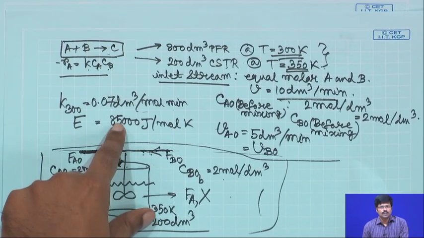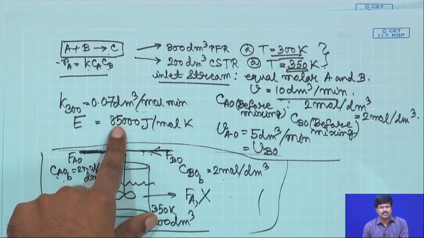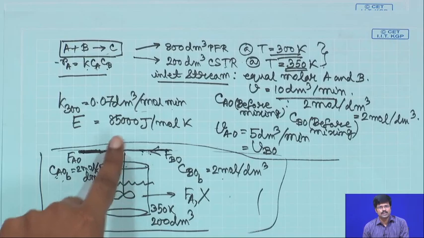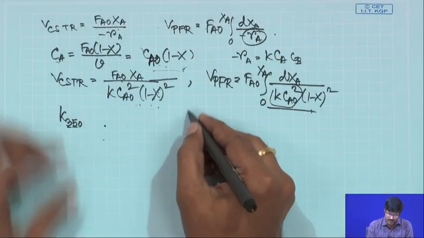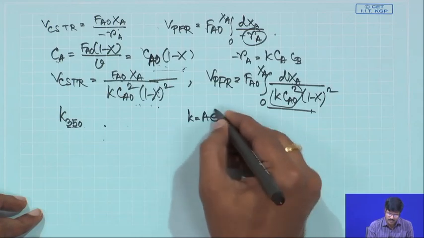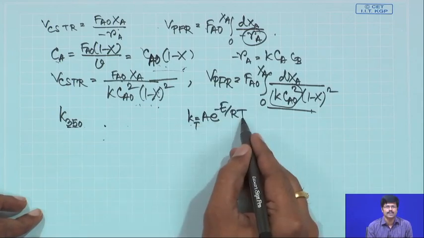So, if you know the temperature at which you have to find the rate constant, in this case say 350, then what you do? Your expression of k is nothing but A into e to the power minus E by RT. So, this is the value of k at that particular temperature.